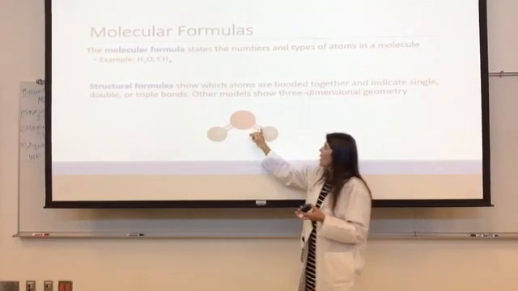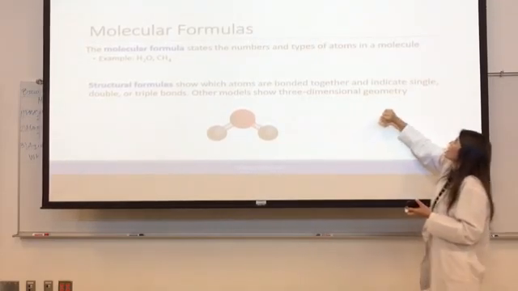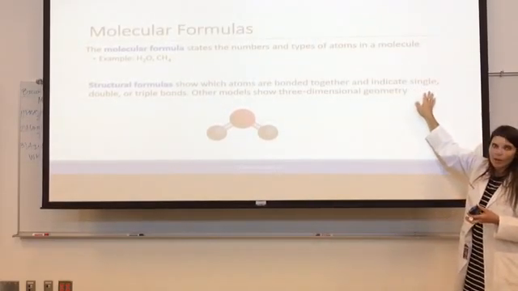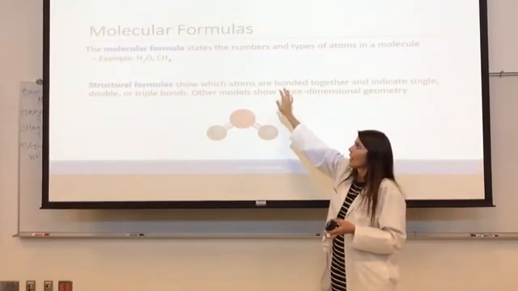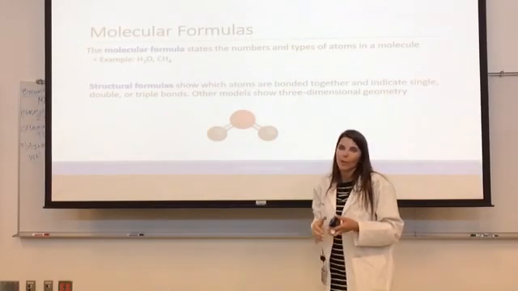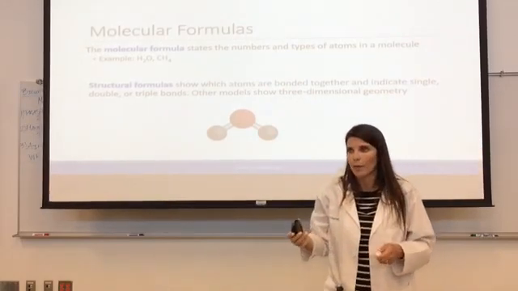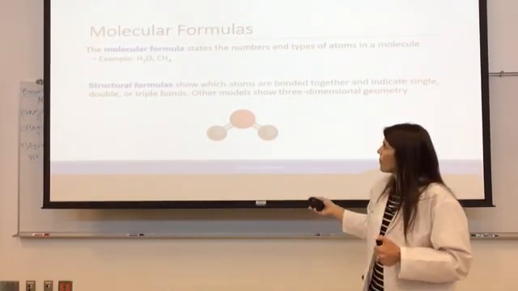I have just 1 bar here, so that indicates that both of those are single bonds. And I'll teach you how to read all that. But we'll take molecular formulas and use them to build 3-dimensional models, structural formulas. Okay?